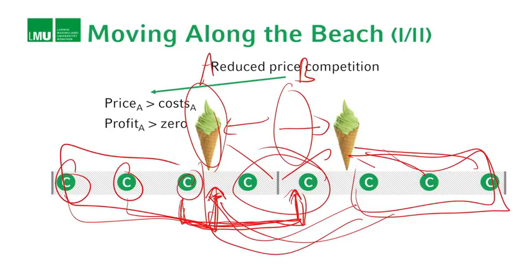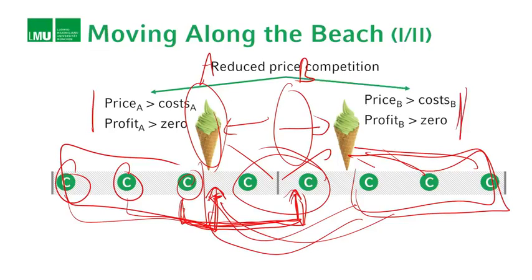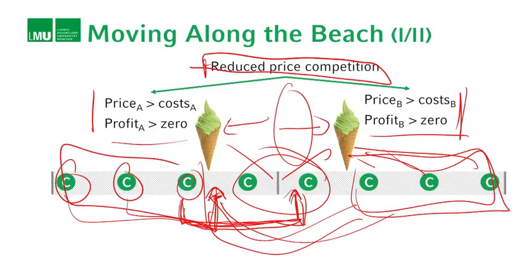So this means that both firm A and firm B are going to get away with higher prices than their cost, and they're going to make positive profits. So price competition is actually reduced in this case. We have less competition for consumers because now the products are differentiated. They're different from each other.